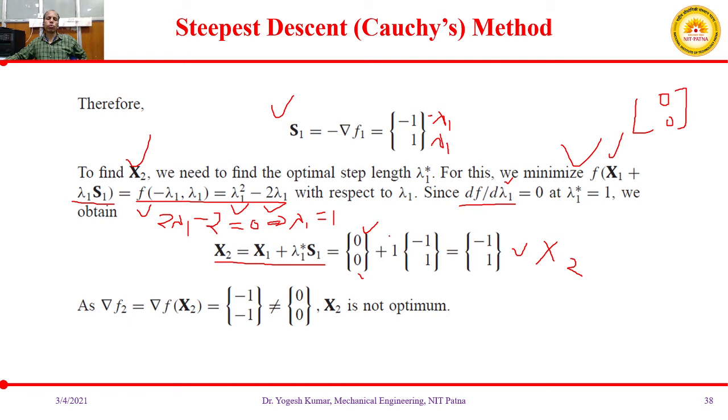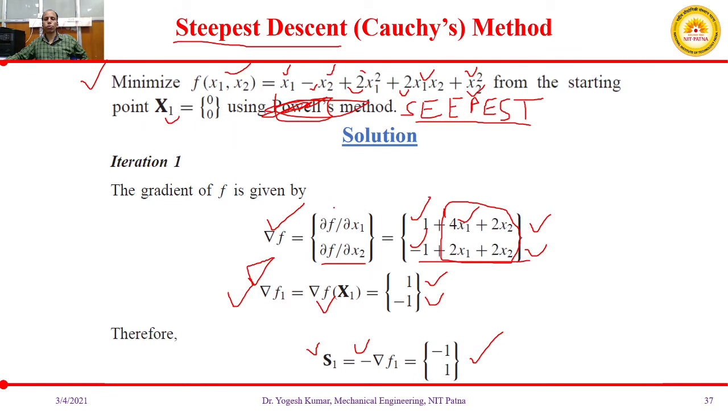Now what you need to do, because for the optimality criterion in gradient based methods, we check that the gradient of the function should be equal to 0. So we calculate the gradient of the function at x2 by putting these values, minus 1, 1, into this gradient function.